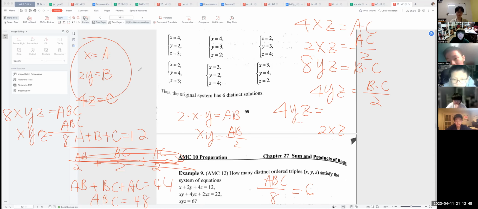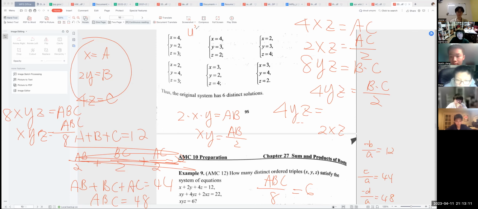So now I have negative b over a equals 12, c over a equals 44, and because this time it's still degree 3, negative d over a equals 48. So I have an equation, and I just call the variable u.